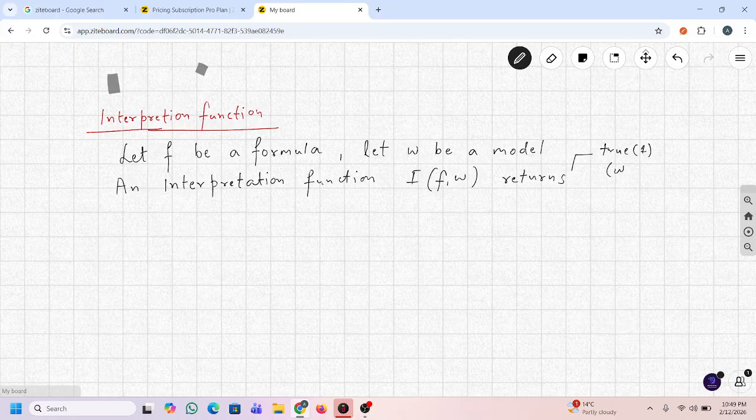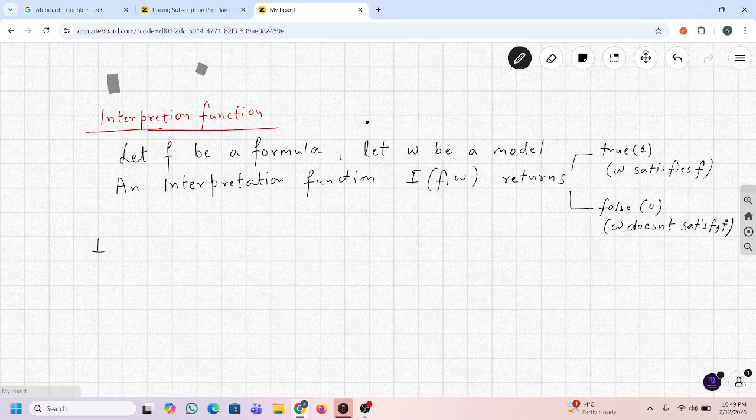And it will return false or 0 when w does not satisfy f. Okay. So, this is the interpretation function.